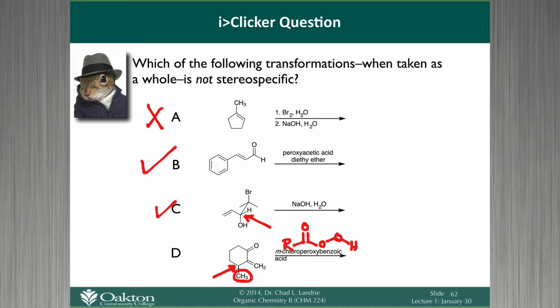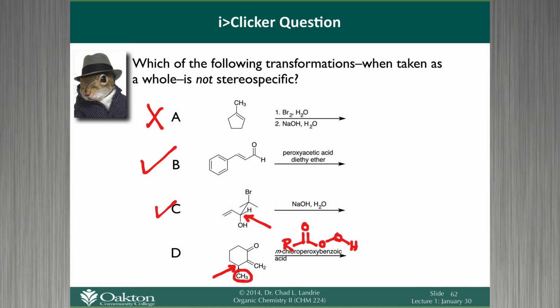Doesn't matter what the other carbon group is. But this is going to add from either the top face of this alkene or from the bottom face, from behind the plane of the screen. And if the methyl group is pointing towards us, it's probably more likely to add from the back face, from behind the plane of the screen, to avoid any steric interaction with the methyl group.